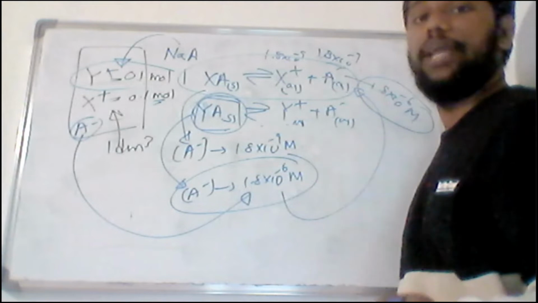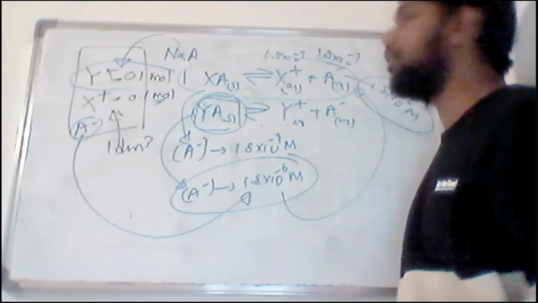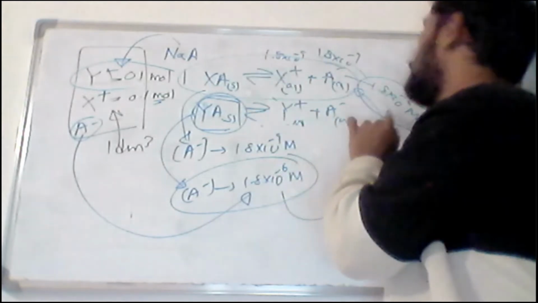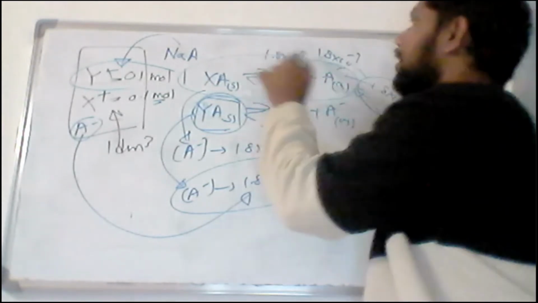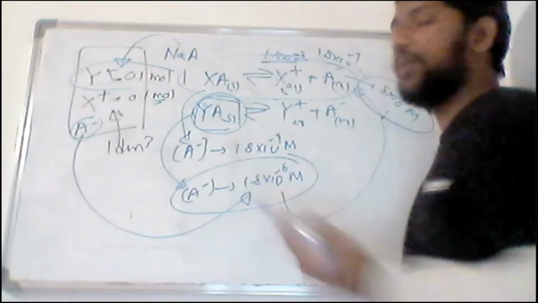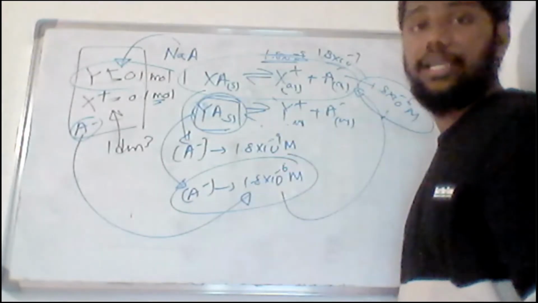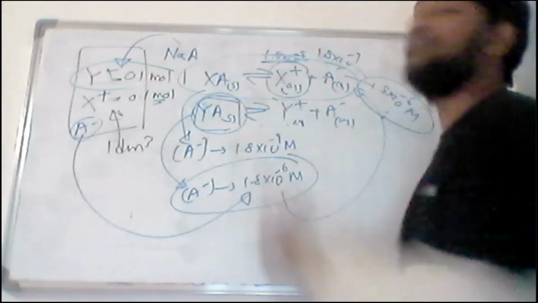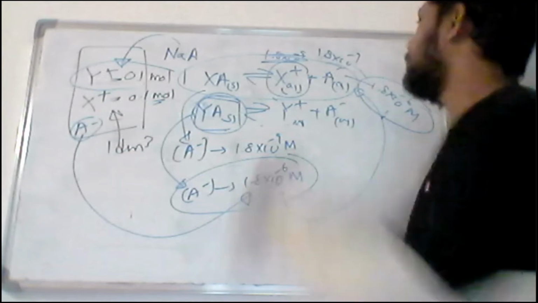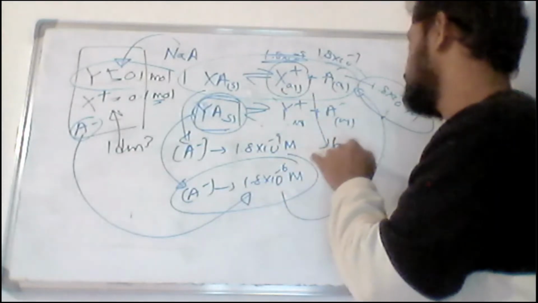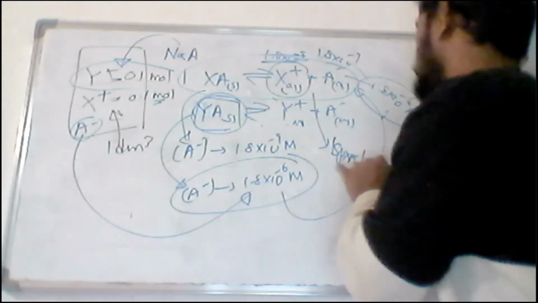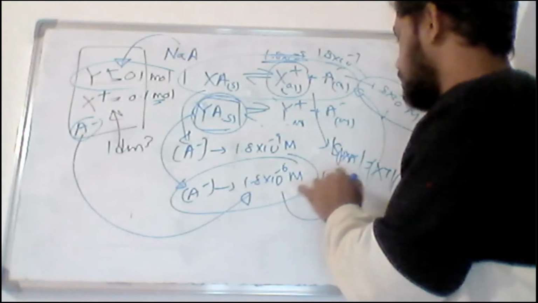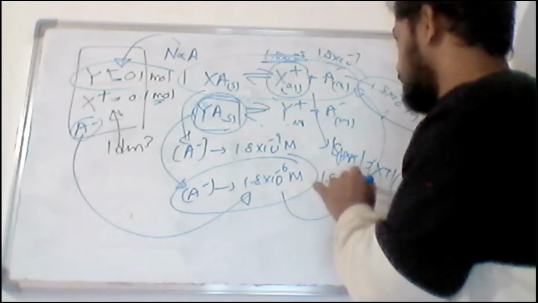But don't forget, when the temperature is constant, they have to maintain this KSP value. So at this 1.8 into 10 to the power minus 6, they cannot have the same value of 1.8 into 10 to the power minus 6 for X plus. In order to maintain the KSP, this X plus should have a different value. So you can put the KSP expression for XA now. You can write down X plus concentration times A minus concentration. So KSP is 1.8 into 10 to the power minus 10.